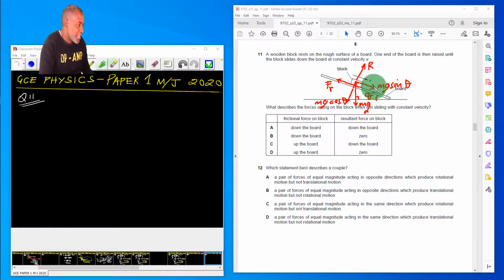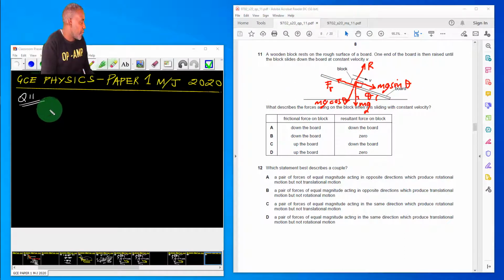Now, given that this speed is uniform, it's constant, it means that the acceleration is zero, which further means that the resultant force on this block is zero. And if the resultant force is zero, it means that mg sin theta is equal to the frictional force. Or you can say mg sin theta minus friction force is equal to 0.